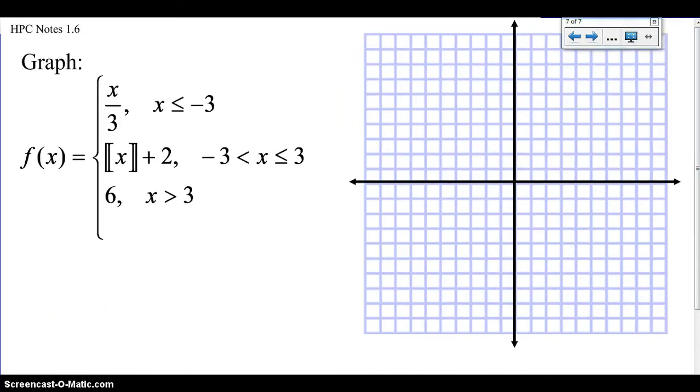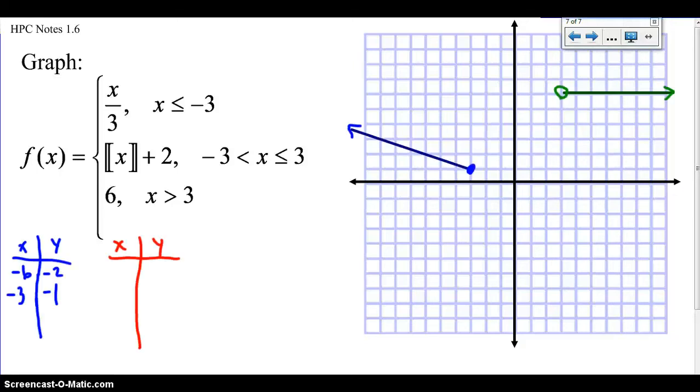On our last example, go ahead and graph the first and third rules on your own. Pause the video, do that, and then pick it back up and we'll graph the second rule, the greatest integer function, together. Okay, I've now graphed the first and third rules and we're left with just simply the greatest integer function.